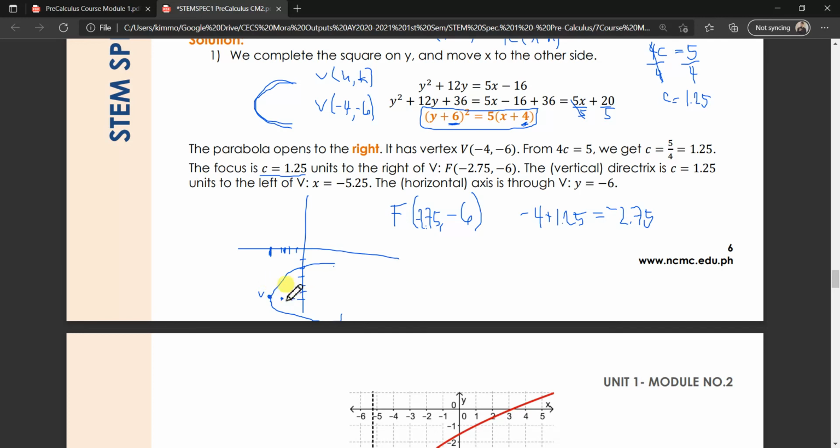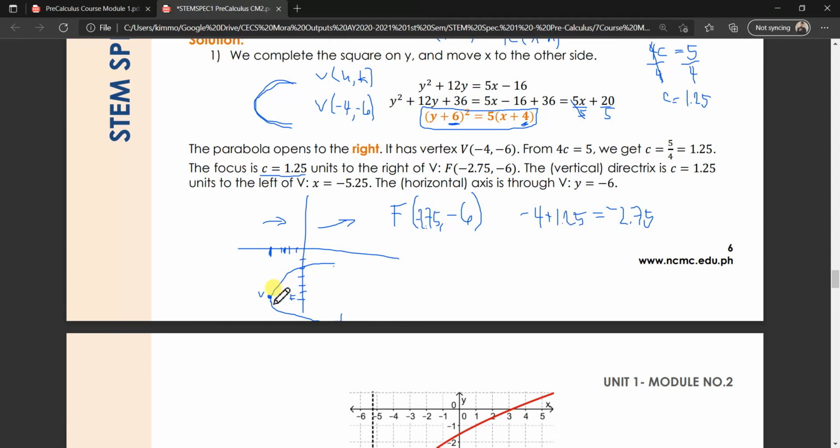Why add? That is because you are going to your right. If your value goes to the right, it decreases on the negative side, or on the positive side of your x-axis, it increases. Meaning, your value increases, so you have to add.